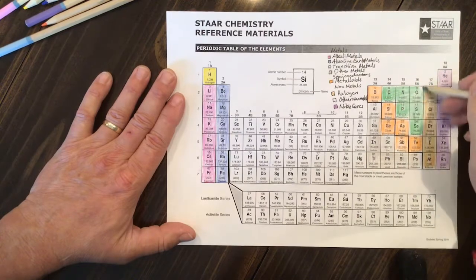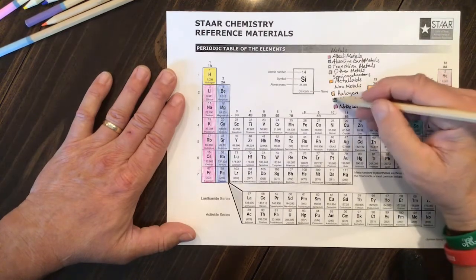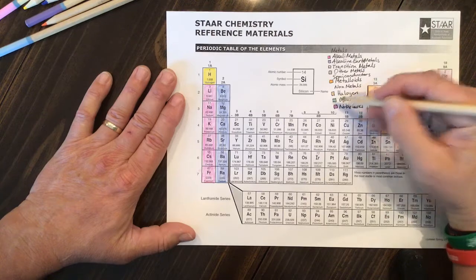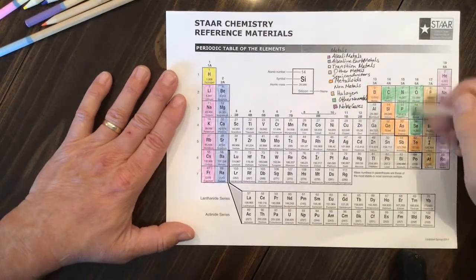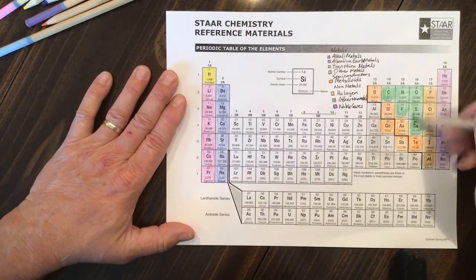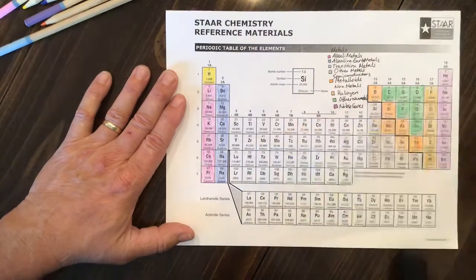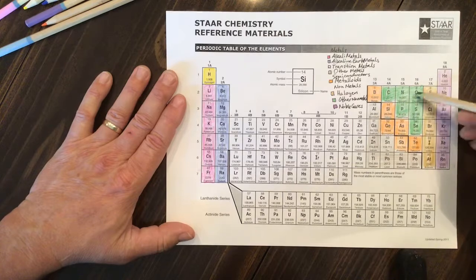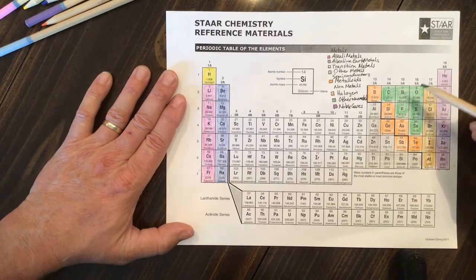Oh, what did I forget to do? I forgot to do this. Make sure you color in your key. Groups are the vertical columns, periods go across. And so this right here, group 16 or 6A, is called the oxygen group.